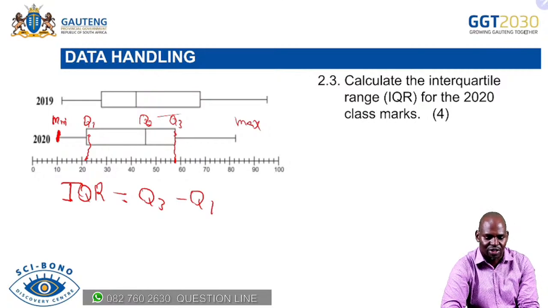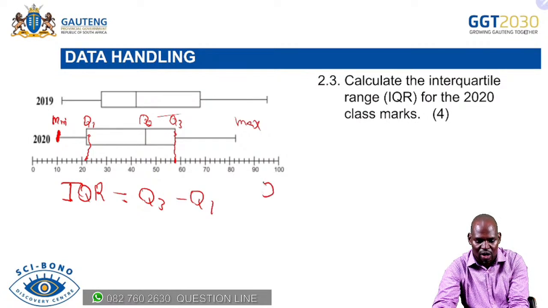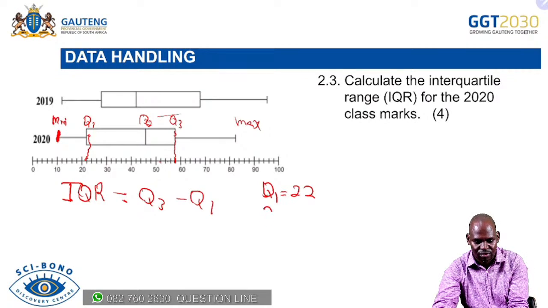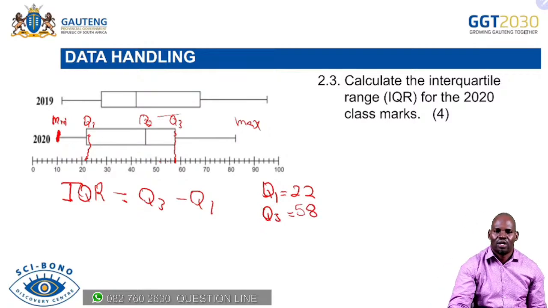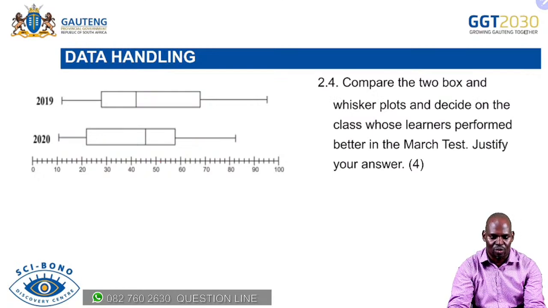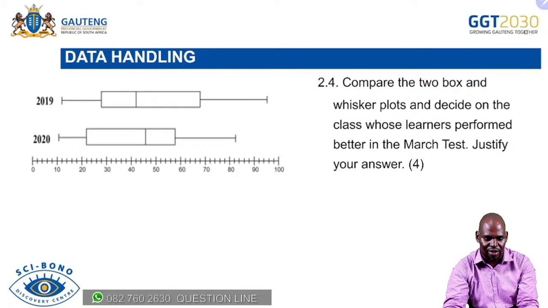Again, in terms of intervals, the same. I think we've already done this. So this is 22. That is our quartile 1. Quartile 1 is 22. And then quartile 3 will be 52, 54, 56, 58. Once we got our quartile 1 and quartile 3, we'll be able to calculate the interquartile range.